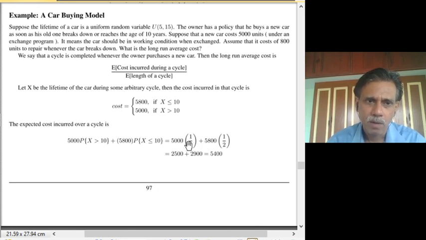And what is the probability that X is less than or equal to 10?